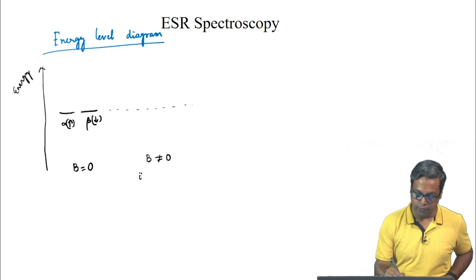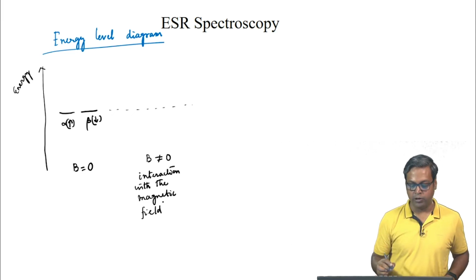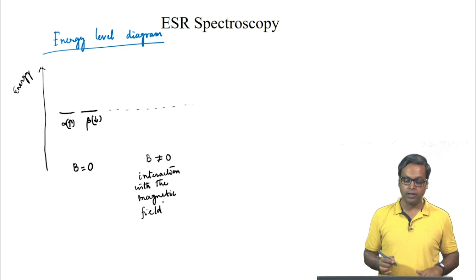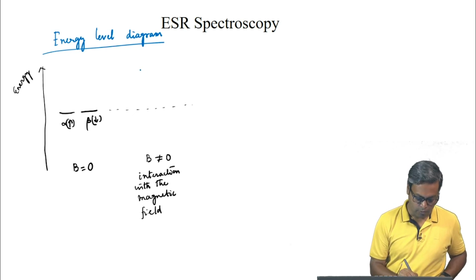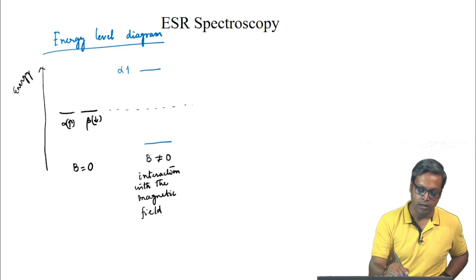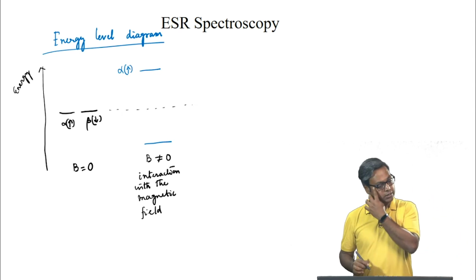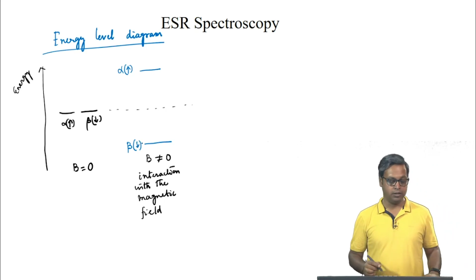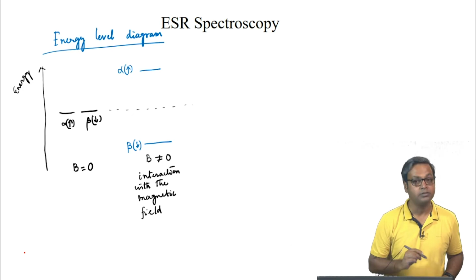then we have interaction of the electron spin with the magnetic field, and because of this interaction the degeneracy which was there at B equals 0 is lifted, and now we have two states. One is alpha, which is the higher energy state, that is the upspin state, and the other is beta, which is the lower energy state, or the downspin state.